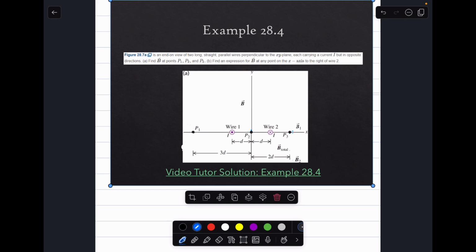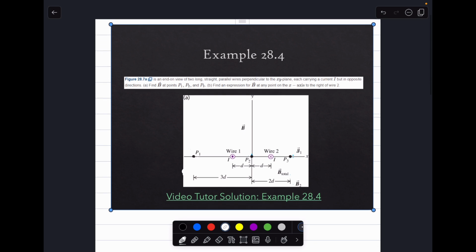The first thing we're going to recognize is the magnitude of the magnetic field that each of those two wires emanates is mu naught I over 2 pi r, where r is the distance the wire is from the point that we want to know the field.